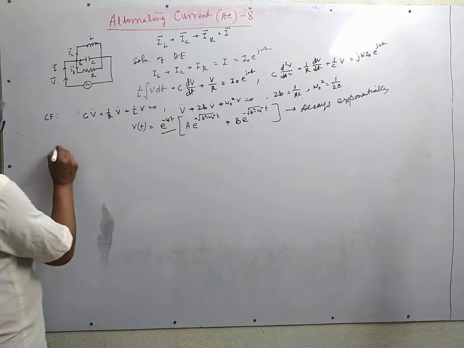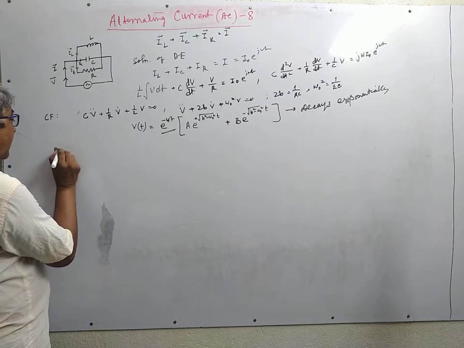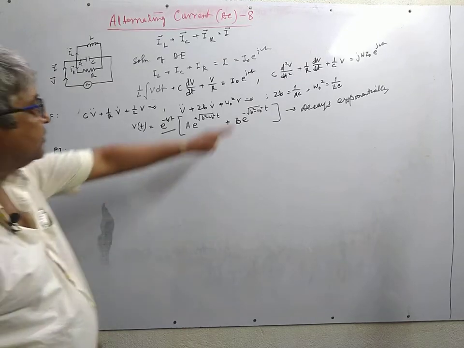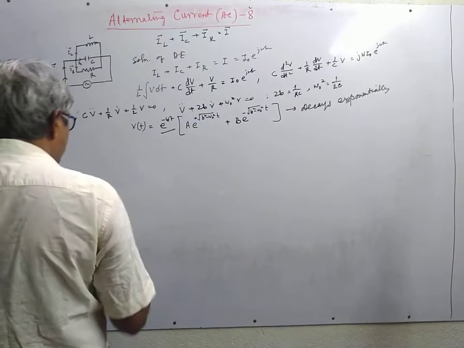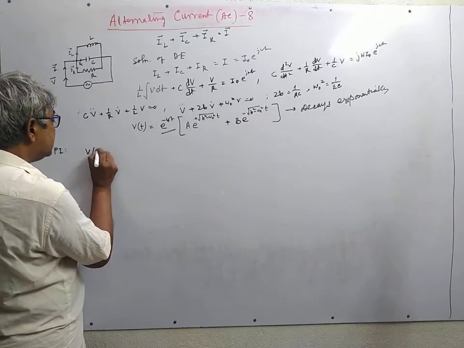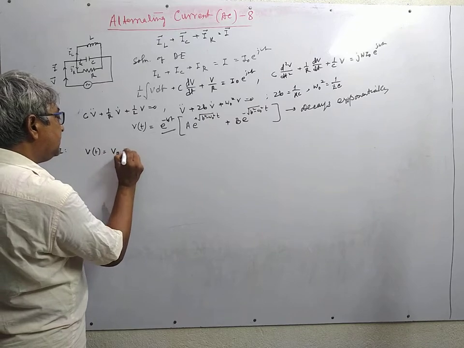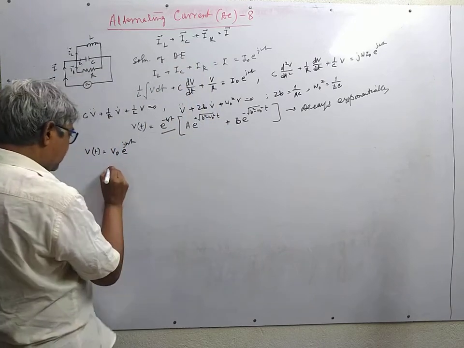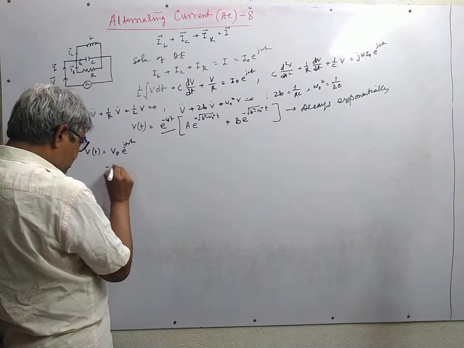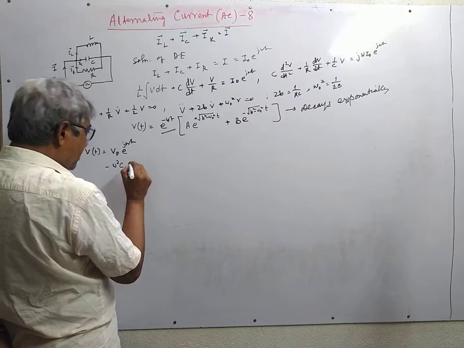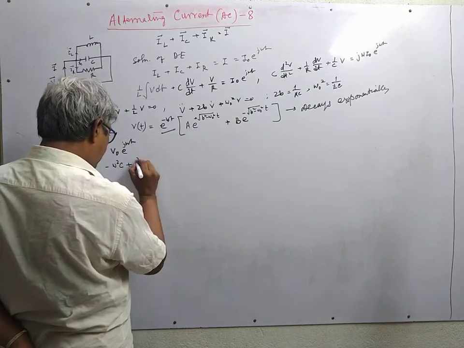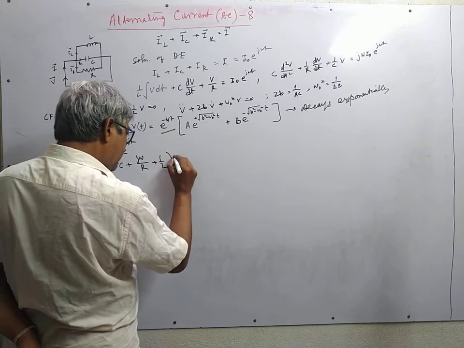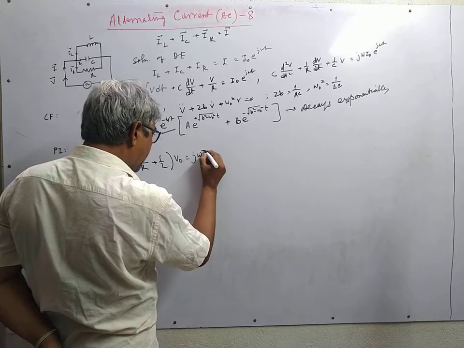So we come to the particular integral. Ultimately the voltage starts oscillating with the frequency of the external source, omega. So we write the instantaneous value as V0 e to the power j omega t, and use this in the equation. So we get minus omega square C plus j omega by R plus 1 by L, times V0, is equal to j omega I0.